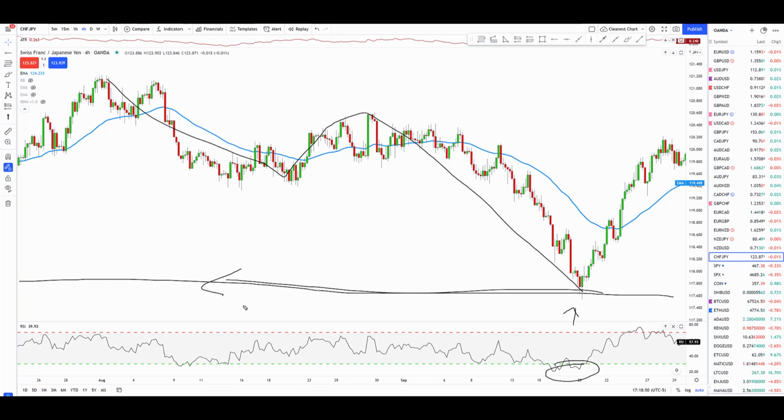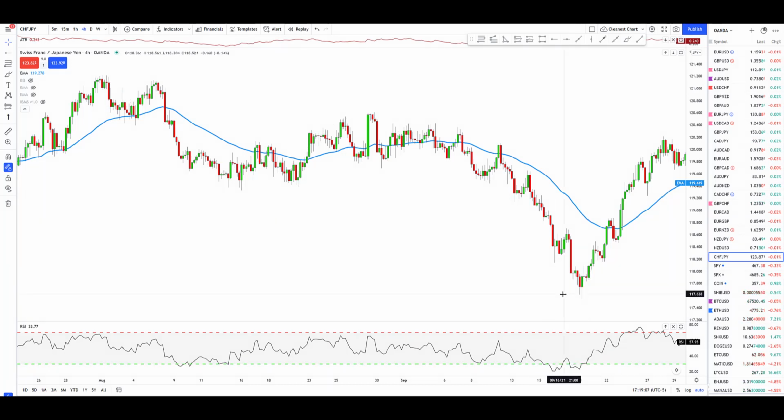We have other confluence, like the daily or the weekly chart is actually in an uptrend. When this happens, we get a candlestick pattern or some type of price action pattern, like a double bottom here. That's the kind of confluence we have to add to the RSI in order to create a proper reversal opportunity, and that's for the majority of the time the way we're going to be using this indicator.